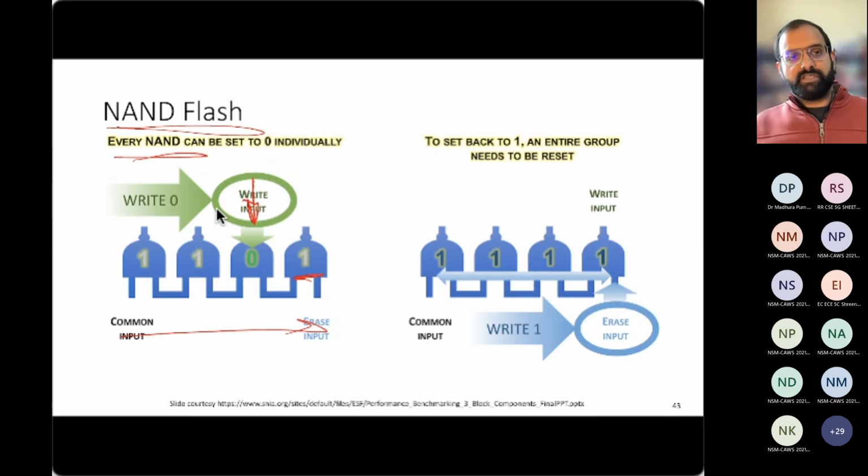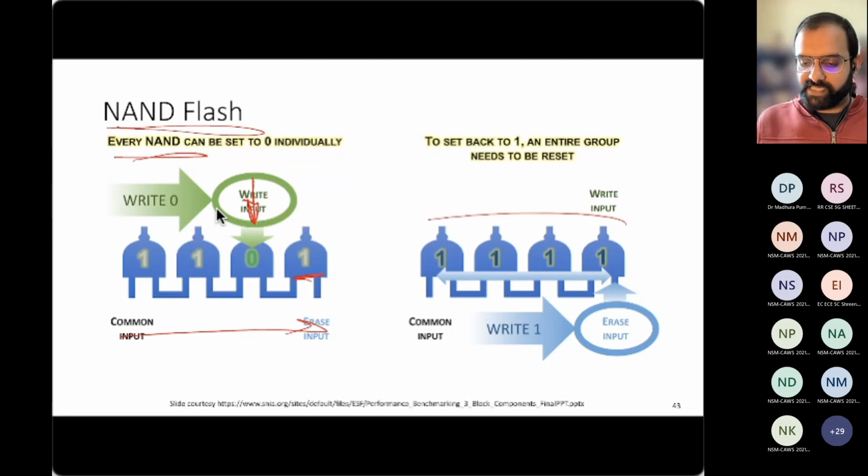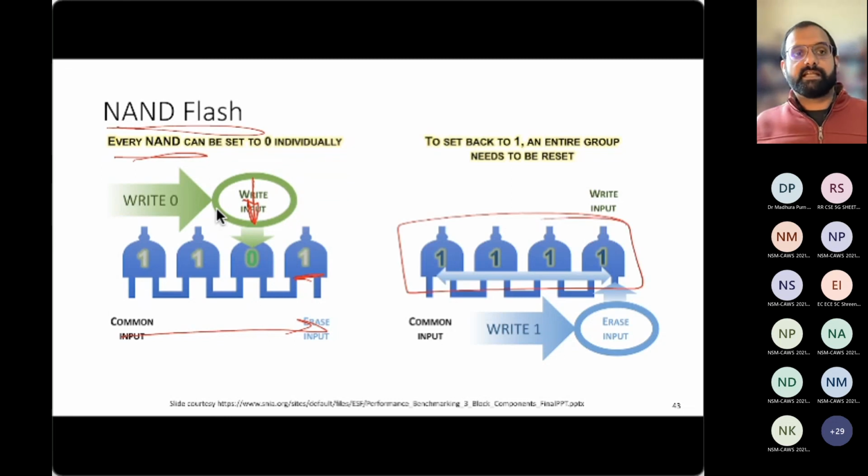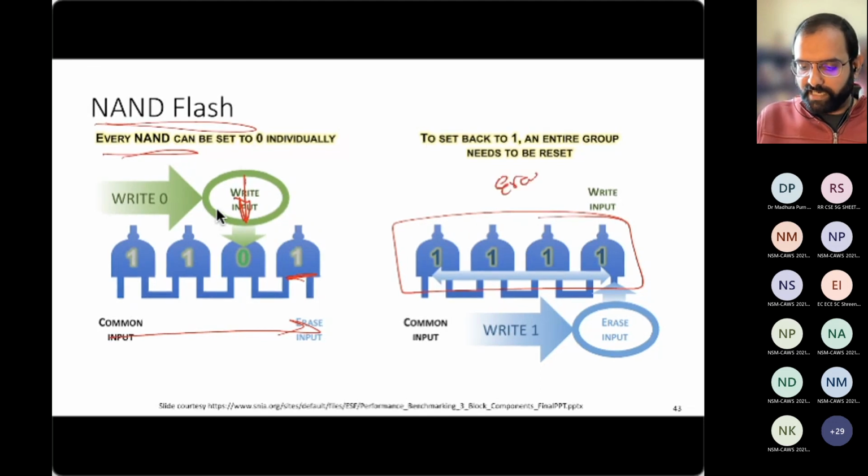But the other way around, a group of cells have to be reset or reprogrammed. An entire group of cells needs to be reset. This is what is known as an erase operation for NAND flash, right?